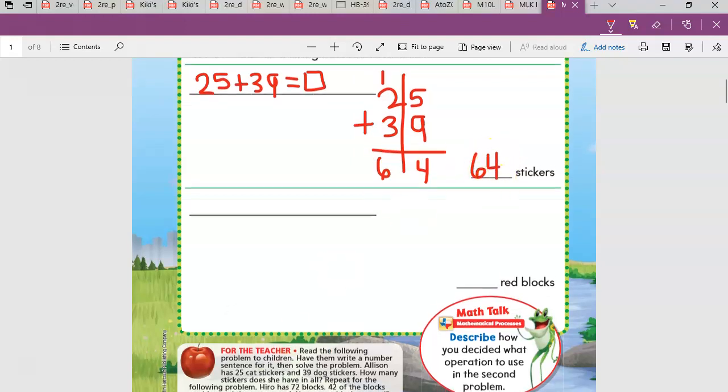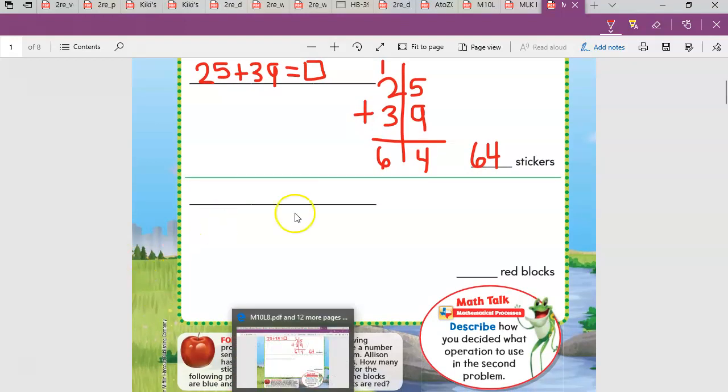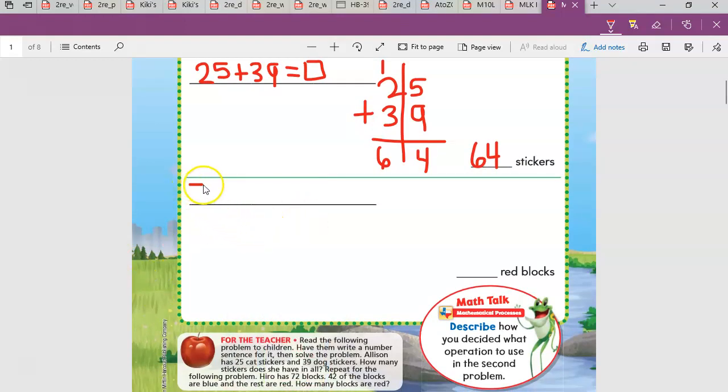All right, let's read the second one. Hero has 72 blocks. 42 of the blocks are blue, and the rest are red. How many blocks are red? So he has blue blocks and red blocks. 72 blocks in all. 42 of the blocks are blue.